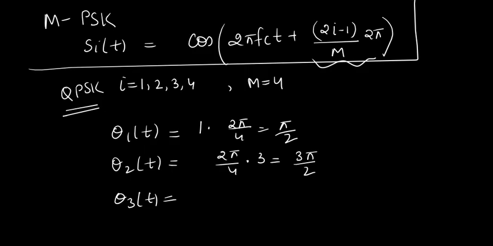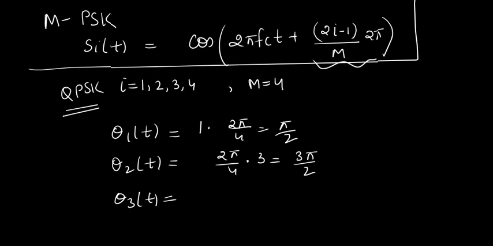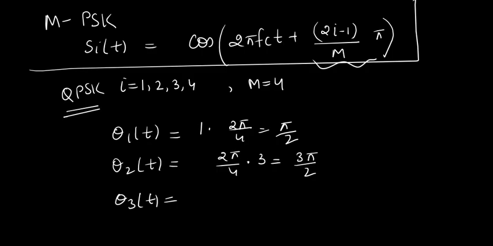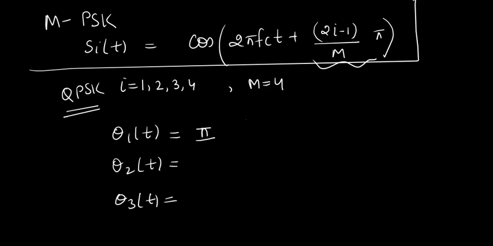2i minus 1, times pi by 4. So if this is the case, i equal to 1 will give you pi by 4.